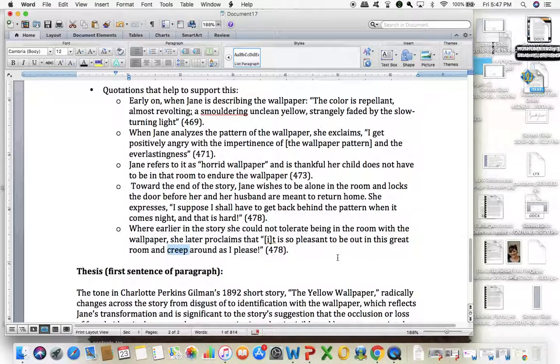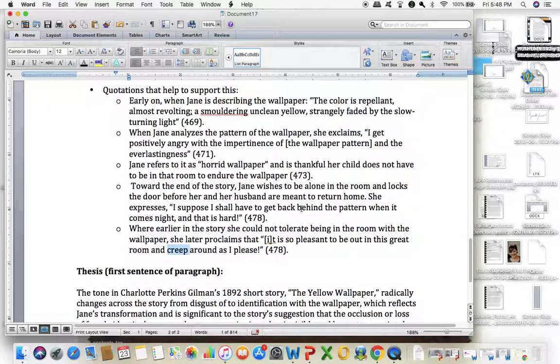She talks a lot about creeping women and what feels to be a supernatural being throughout the story until the end, when we can interpret that there was never a supernatural being, that in fact she was projecting, psychologically, something onto this wallpaper, that she was seeing a woman who was struggling that was in fact herself, which is the identification with the wallpaper. But you could talk about the word creep if I were using this.